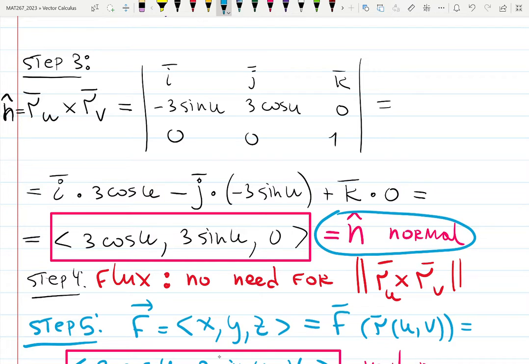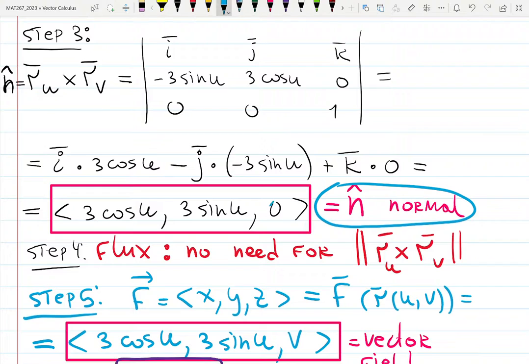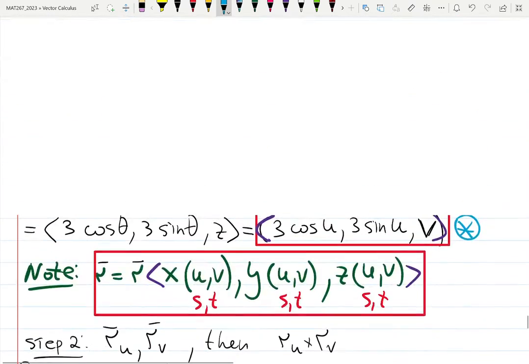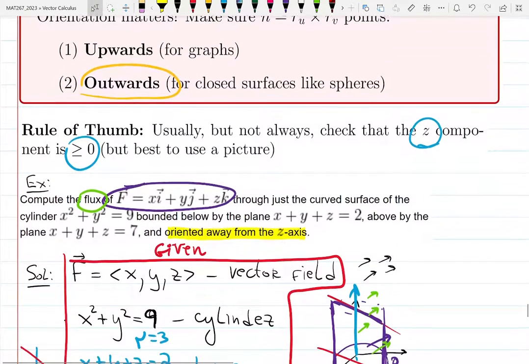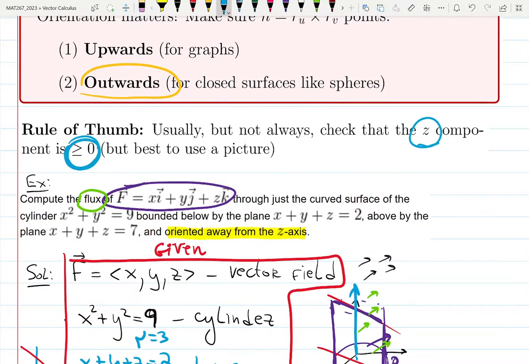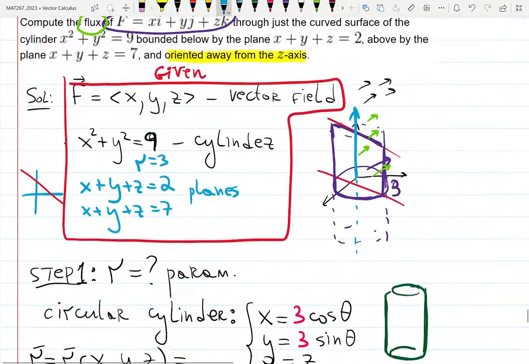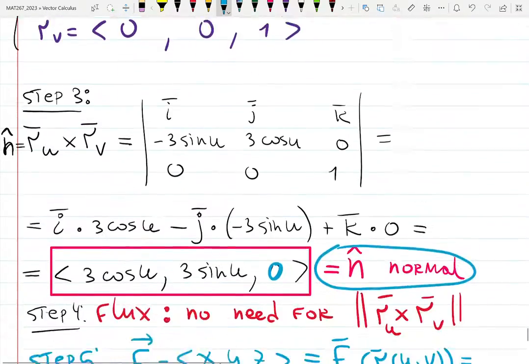Well, we need to figure out that the vector cross product is going out of the cylinder, not in. I told you that we should check if z is positive. That's a rule of thumb. In this case, it's 0, but it says positive or 0, so it's fine. The point is it shouldn't be negative. If it's negative, usually it's stuff going in.